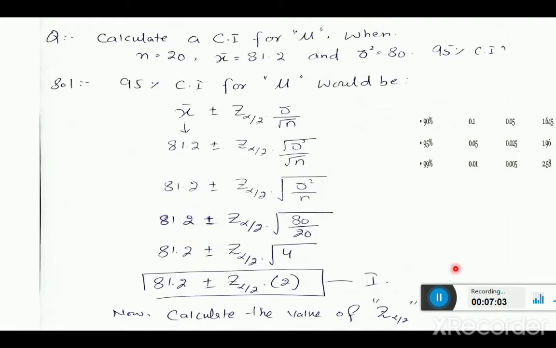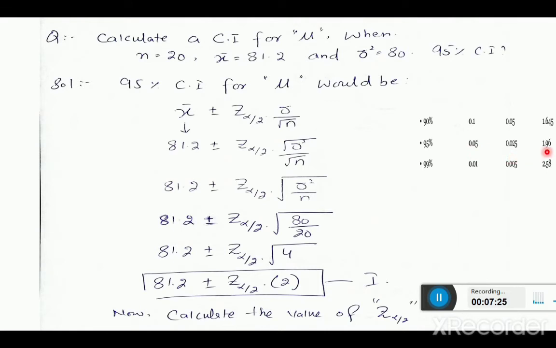Put the value 1.96 in the place of z alpha by 2.